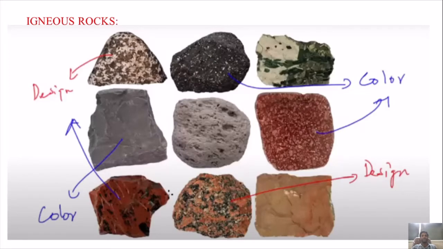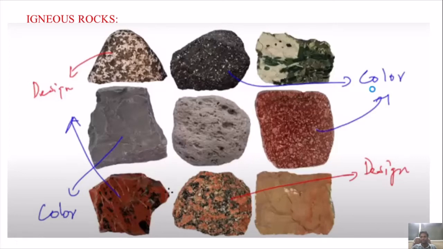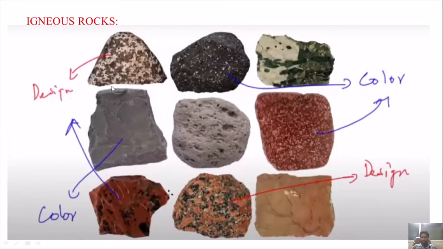See, igneous rocks form with different colors, different designs, different shapes and all. As I told you earlier, the color may be of any type. Then the design, the pattern, comes from the different kinds of rock forming minerals. These rock forming minerals together form a rock and its design.